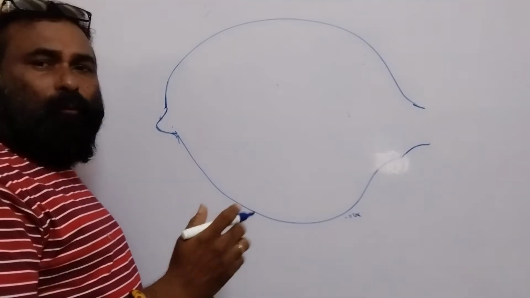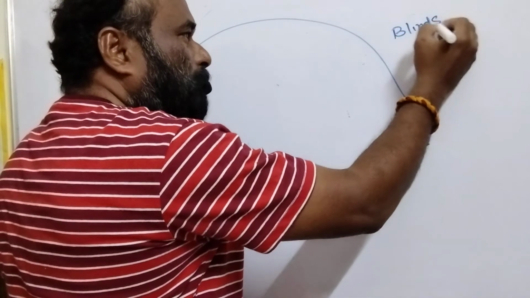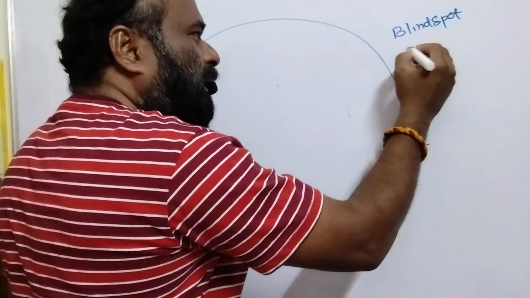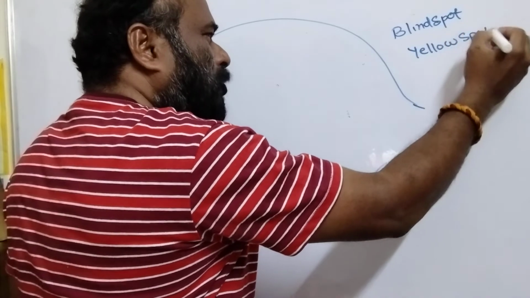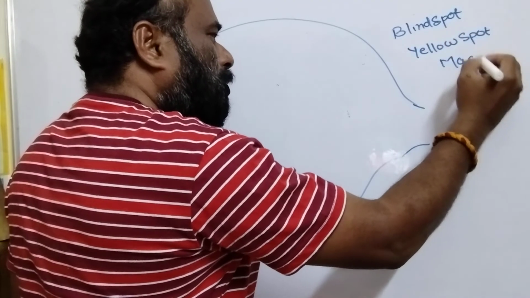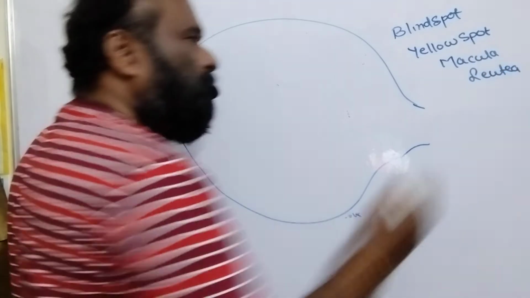They are the blind spot and the yellow spot or macula lutea. Very, very important for NEET.